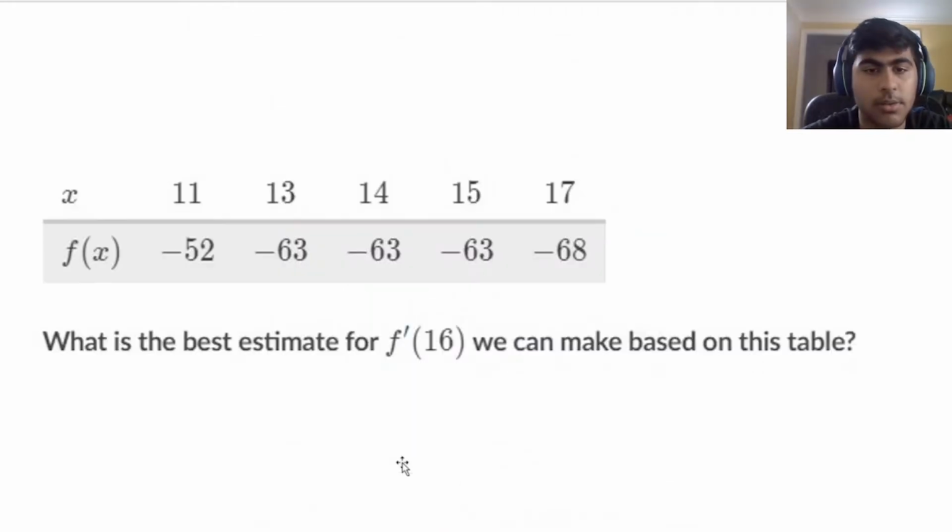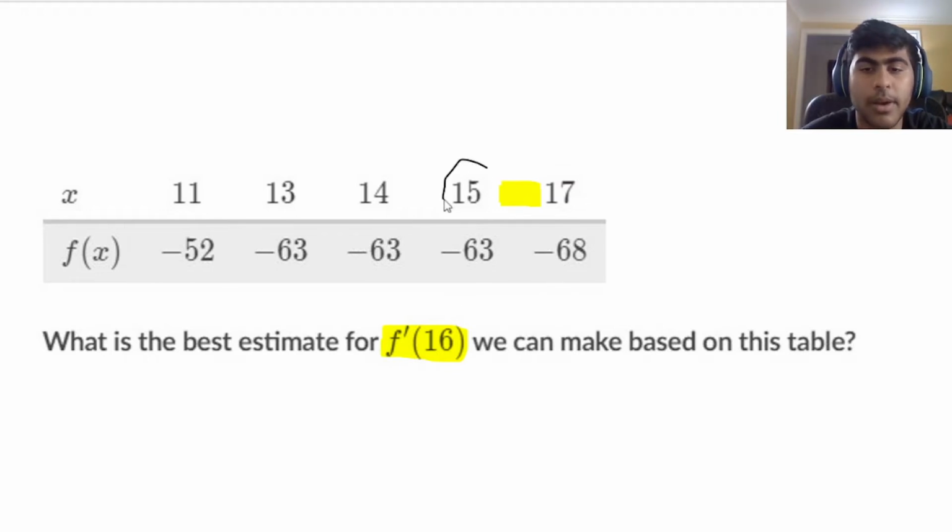All right, so skip the question. Oops. Now we're asked to estimate the derivative of f at 16, f prime of 16. And there is no f of 16 in here. There's just nothing. So how are we going to estimate this? Well, let's see.